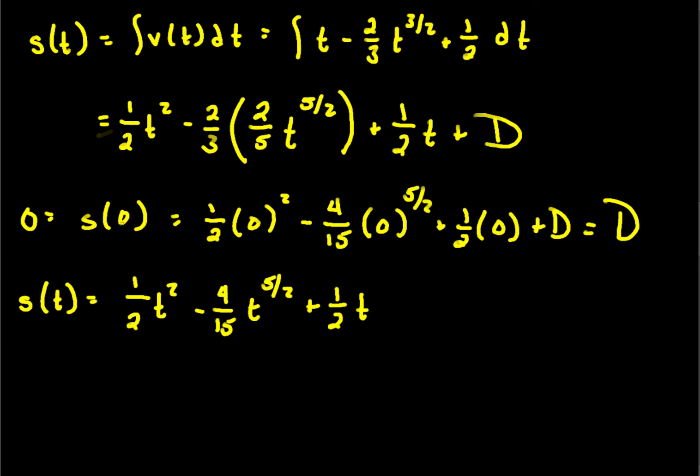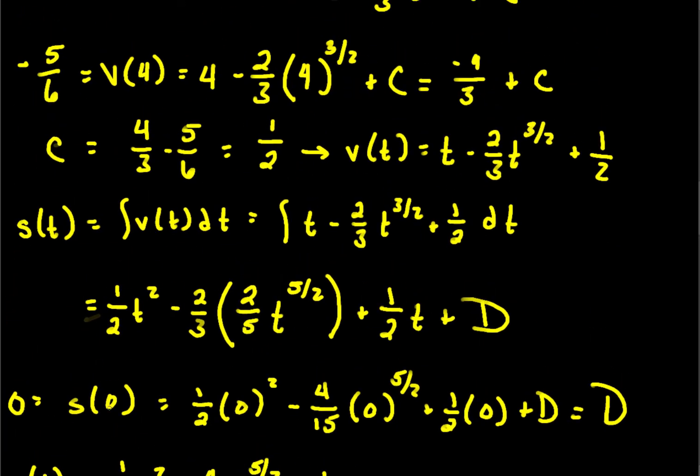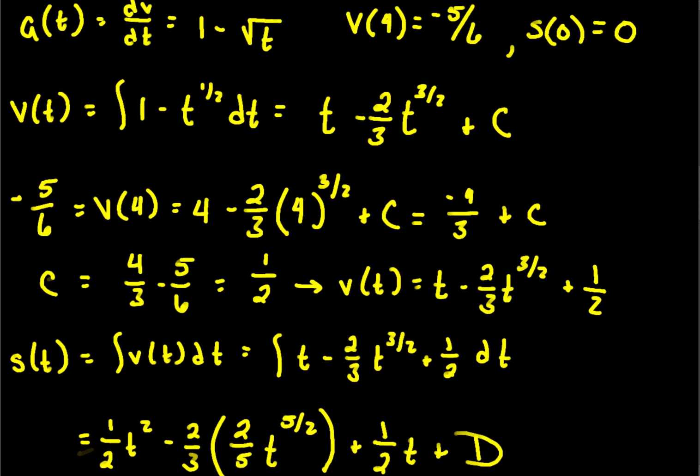And that's how we use the indefinite integral to find position functions once we're given velocity and or acceleration. We can use antiderivatives, and it points out, hopefully to you, the importance of this constant c.